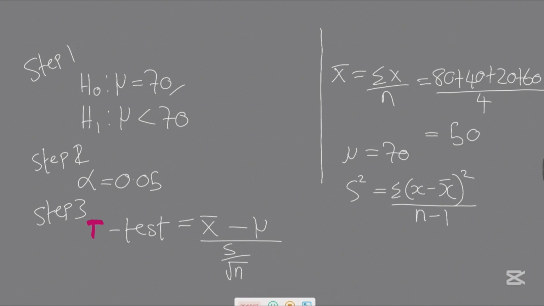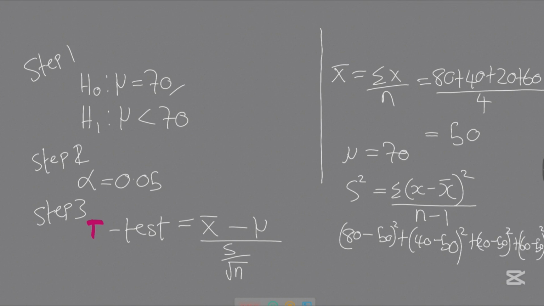So that will be 80 minus 50 squared, plus 40 minus 50 squared, plus 20 minus 50 squared, plus 60 minus 50 squared. Then you divide it by your degree of freedom. Please take note, n minus 1 is your degree of freedom.